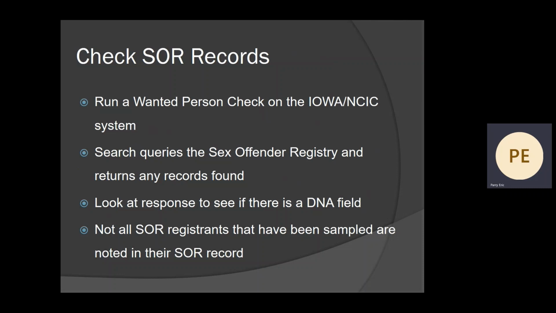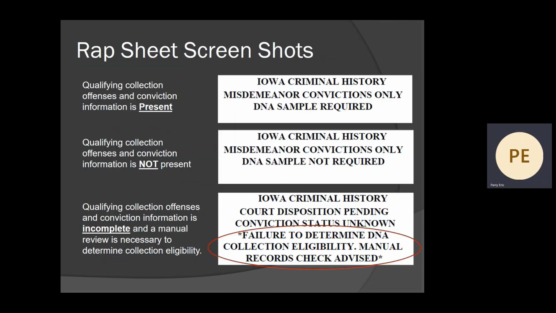Here are the steps to look in the sex offender registry. For the rap sheets, it will essentially tell you if they need to be collected in that. The very top will have 3 different possibilities. The first 2 are pretty self-explanatory. Those are DNA sample required and DNA sample not required.